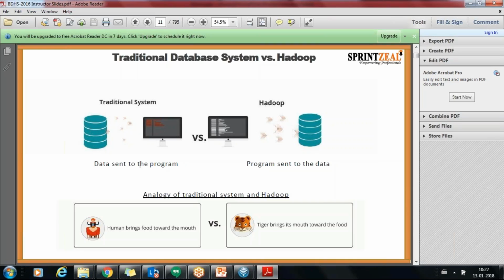But in this case, you write the program assuming your data is present locally. Once you run that program on those nodes, it processes the data, considering it is present on the same node itself. You are not getting any data towards the program; your program is getting moved to the nodes where the data is already residing.